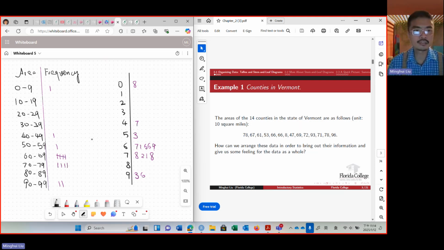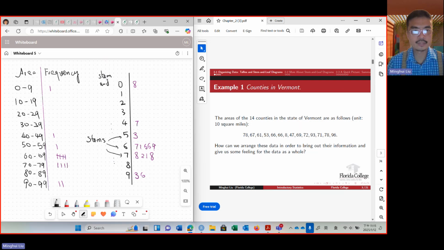Here in the stem and leaf diagram, notice that each row is called a stem. So the stems would be this row, and this row, etc. All the rows are called the stems. And then the numbers on the left of the vertical bar are called the stem ends.